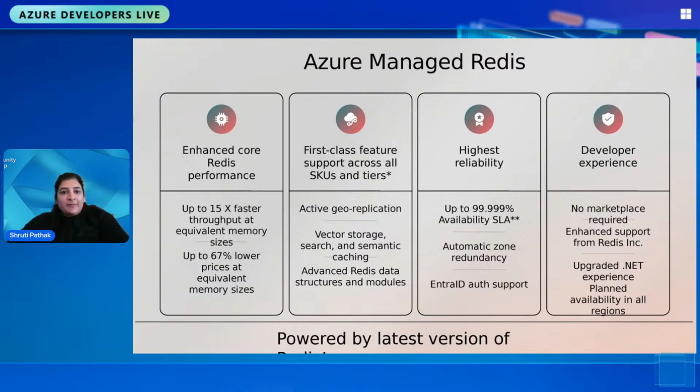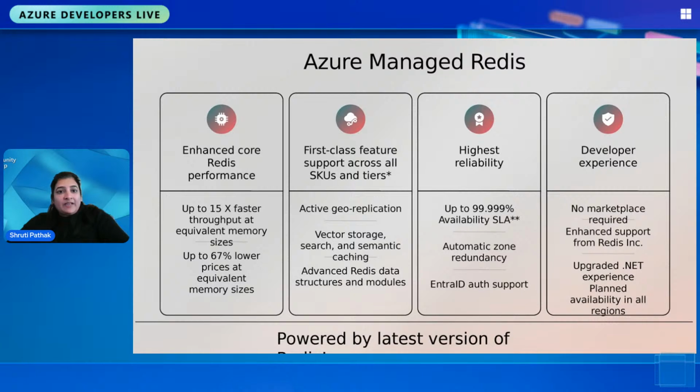Azure Managed Redis also has a lot of advanced enterprise-grade features like active geo-replication, vector storage, vector search, and advanced Redis modules and Redis data structures. In the past, all of these advanced features were only available on our very high-end SKUs, but now we are making them available for all tiers and all SKUs with Azure Managed Redis.